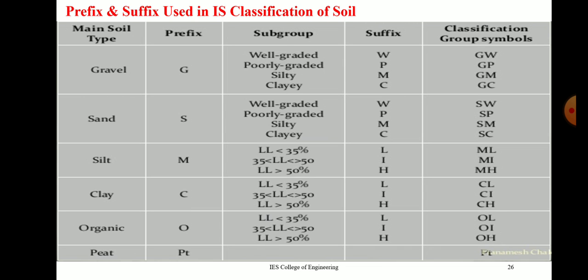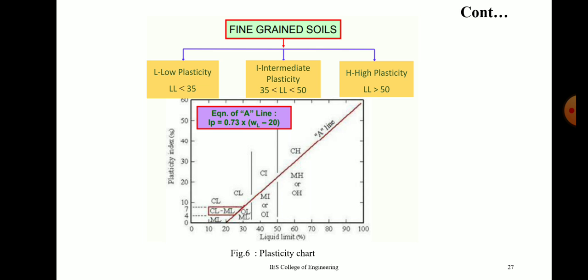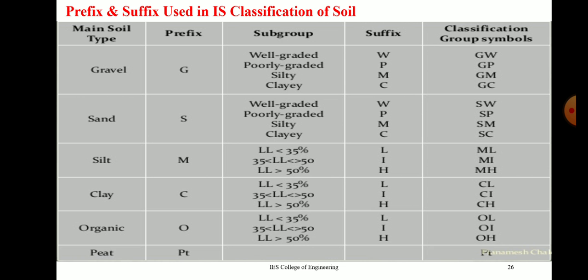Here we can see some classification groups. For example, if the soil is well graded gravel, the symbol used is GW. And for example, if the soil is low plasticity clay, the symbol used is CL.